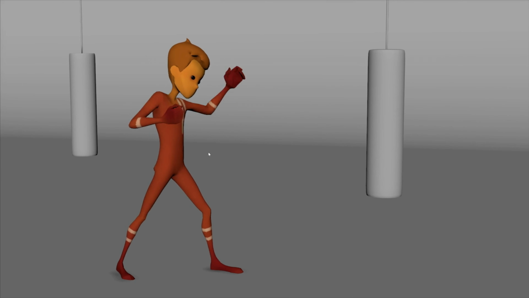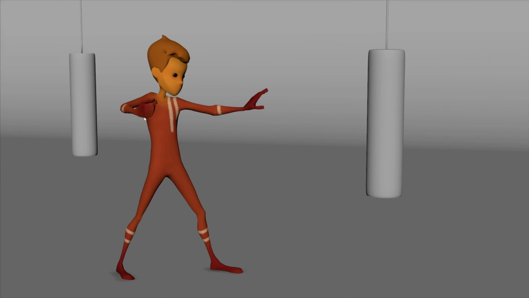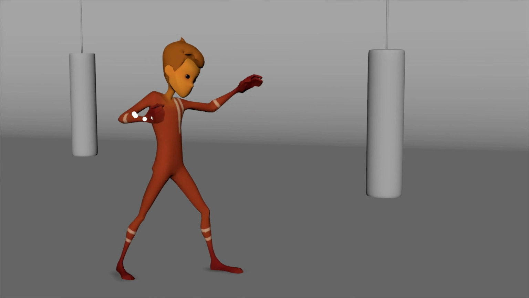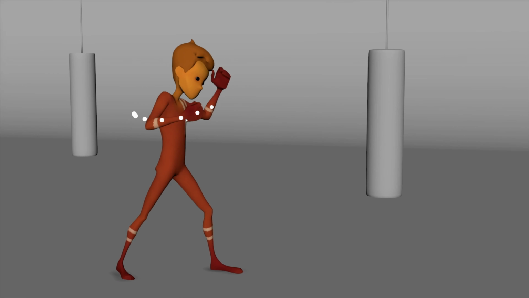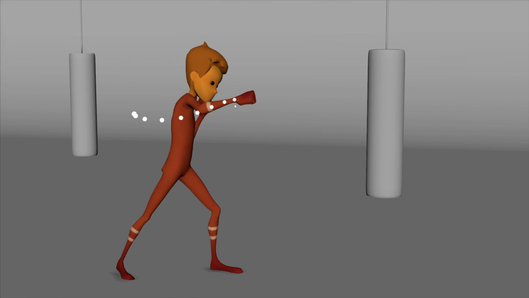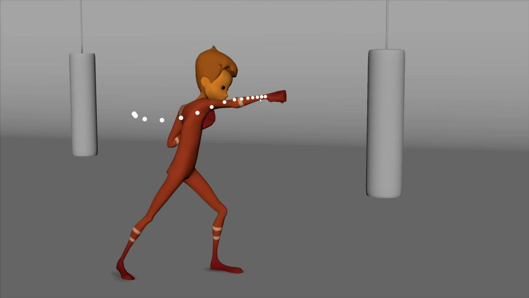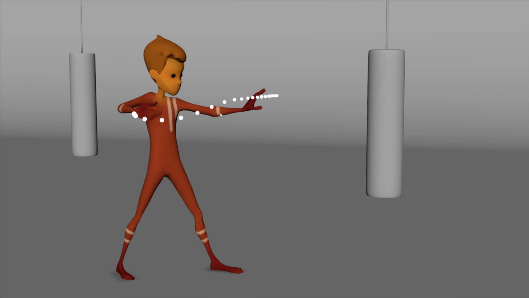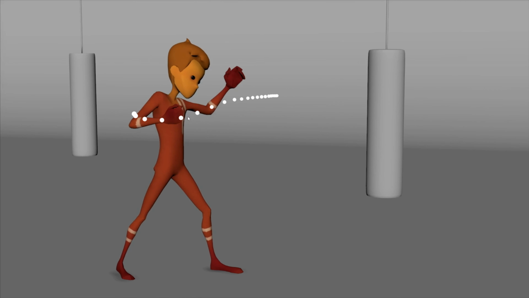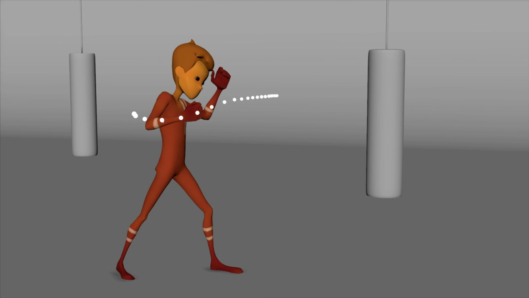However, if you look at the spacing, let's go here frame by frame and just take a look at this arm. This arm is traveling pretty fast here, and then it starts to stop really slowly here. You see how small the spacing here is compared to this spacing right here, from here to here.